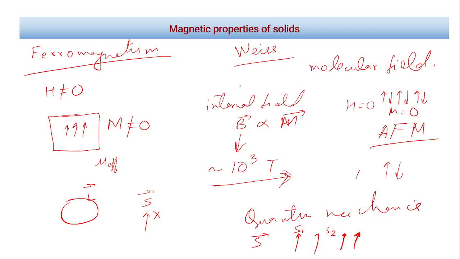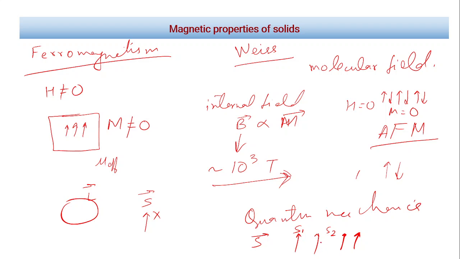So the classical model was not able to explain this well, and then this spin concept and exchange interaction gives us the reason why they exist along each other, because one spin influences the direction of another spin.